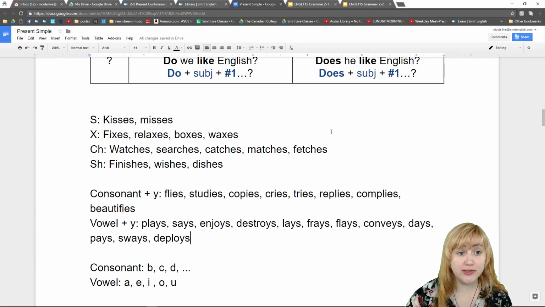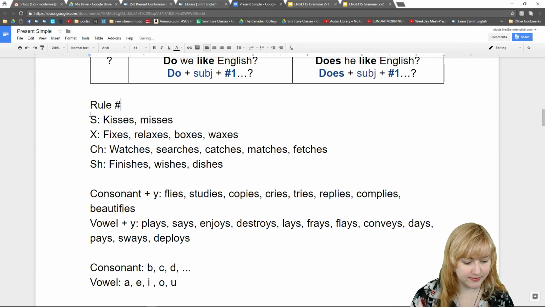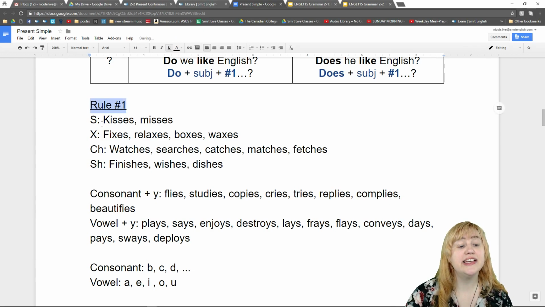We can understand these rules, right? So rule number 1, I'll put here, is if your last letter is S, X, CH, or SH, then we're going to put ES.